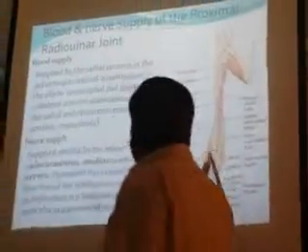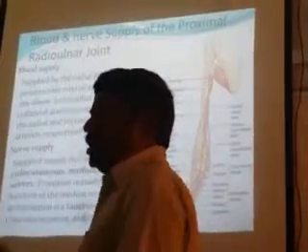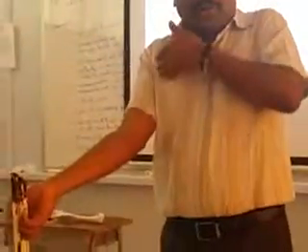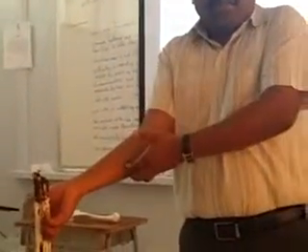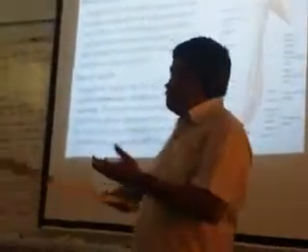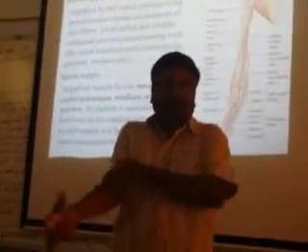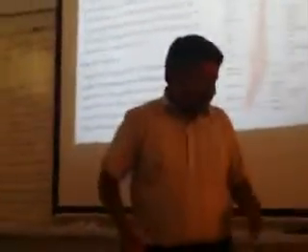It is anastomosis around the joint. You have the collateral arteries and the recurrent arteries. Collateral from the brachial, recurrent from the ulnar, radial and interosseous arteries. They all anastomose and supply these joints. And the nerve supply is the musculocutaneous, median and radial nerves, because all the muscles act on those joints.